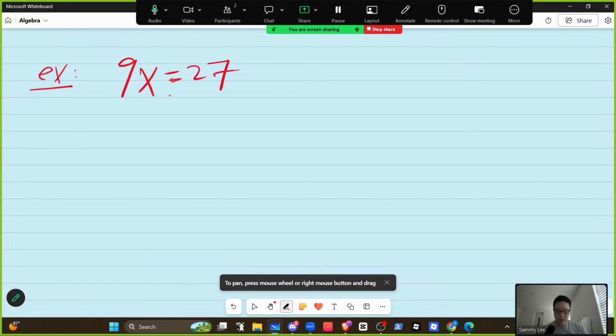Divide by 9. Yeah, divide by 9. We're going to divide both sides by 9. So 9 divided by 9 cancels out because it's 1. So we're just left with x on the left side. And on the right side, we have 27 divided by 9, which is 3. Good. All right.